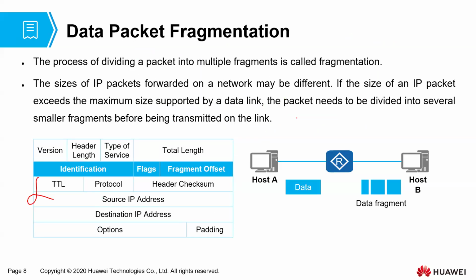Data packet fragmentation. The process of dividing a packet into multiple fragments is called fragmentation. The sizes of IP packets forwarded to a network may be different. If the size of a packet exceeds the maximum size, the packet needs to be divided into several smaller fragments before being transmitted.